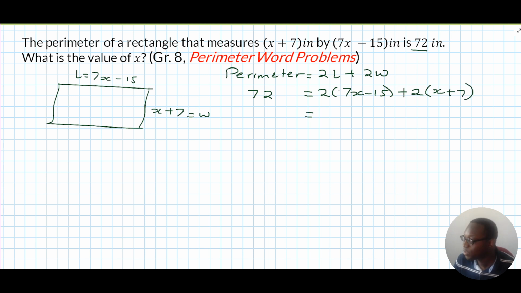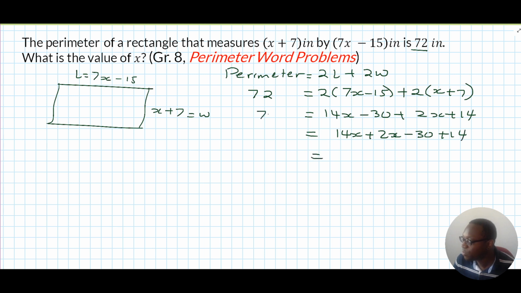We're going to distribute the 2 into our length and our width and simplify the expression. So 2 multiplied by 7x, we have 14x minus 30 plus 2x plus 14. Now let's group common terms together. So 14x plus 2x minus 30 plus 14.